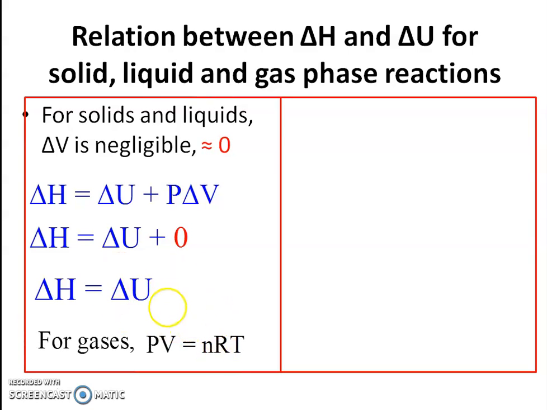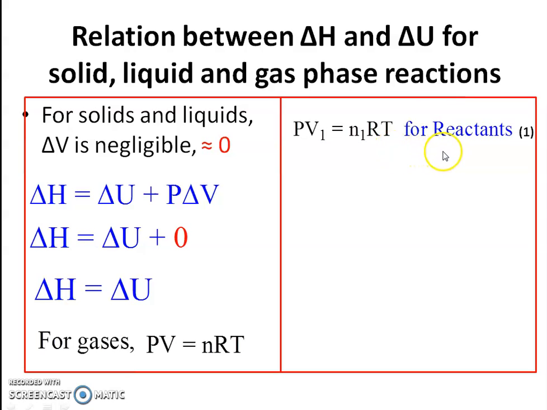For gases, we can apply the ideal gas equation, that is PV is equal to nRT, where P is pressure, V is volume, n is number of moles, R is gas constant and T is temperature. Then for a gas phase reaction, when reactants are converted into products, for reactants at constant pressure and temperature we can write PV1 is equal to n1 RT.